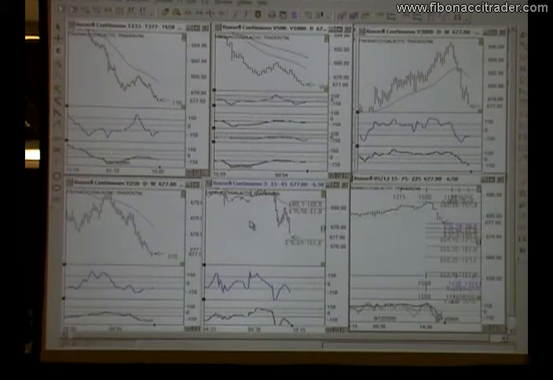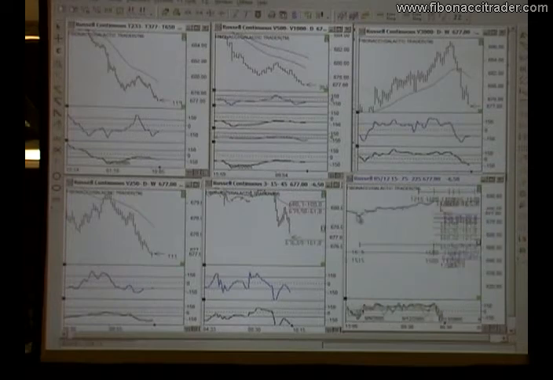It's logical. This 1618 extension was simply taking this low to this high and extending downwards 161%. That corresponds with the Fibonacci support here, which is a retracement going from this low to this high.